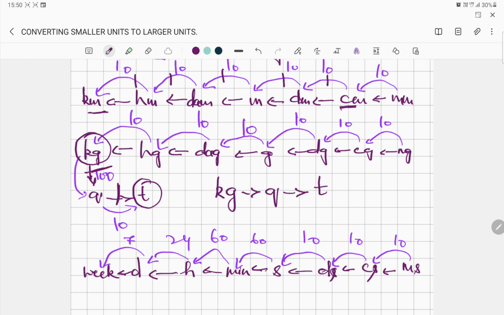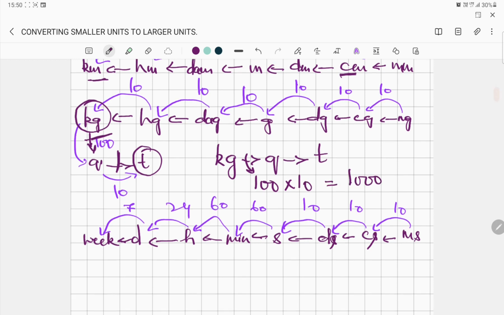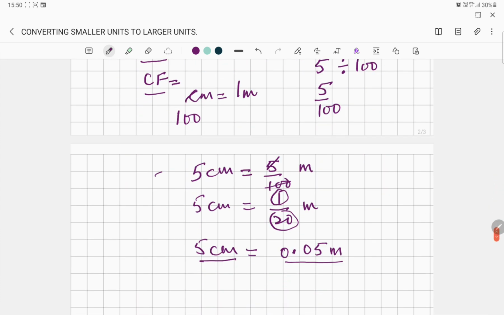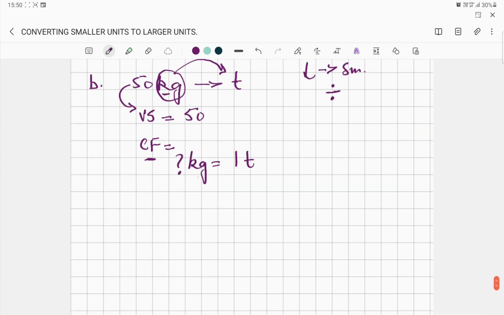Kilograms to quintals is 100 times, and 10 quintals make a ton, times 10. So the conversion factor for this problem becomes 1000. Because we have practiced a lot of these conversion factors in our previous classes, I hope you shouldn't have much problem.